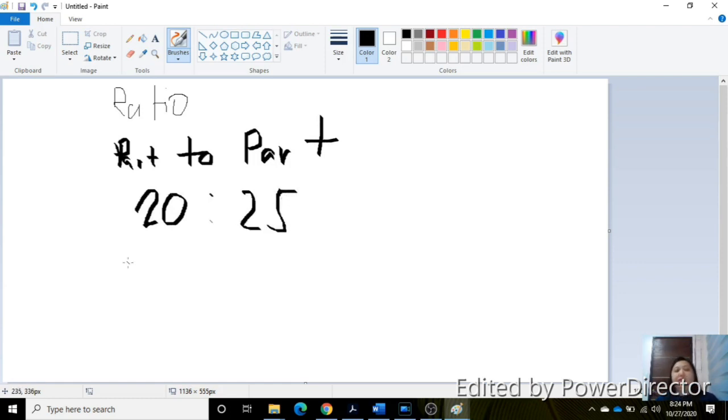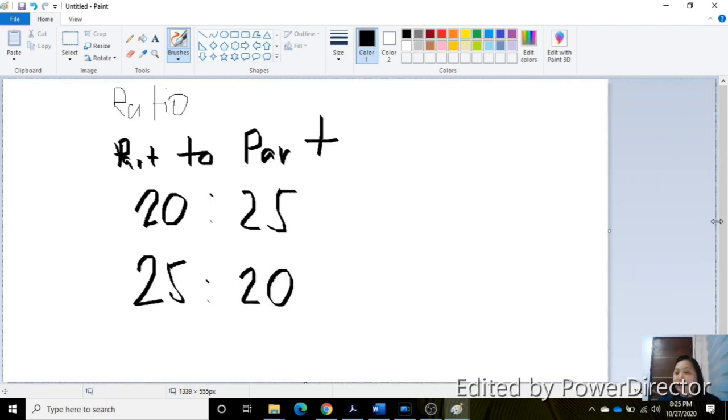There are 20 girls to 25 boys. Yun yung part to part. Pwede din naman maging baligtad, 25 tsaka 20.